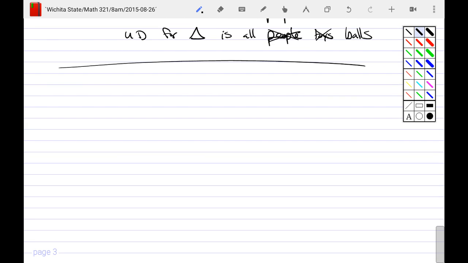All right. How do I take a propositional function and go into a proposition? The easiest one is evaluation.